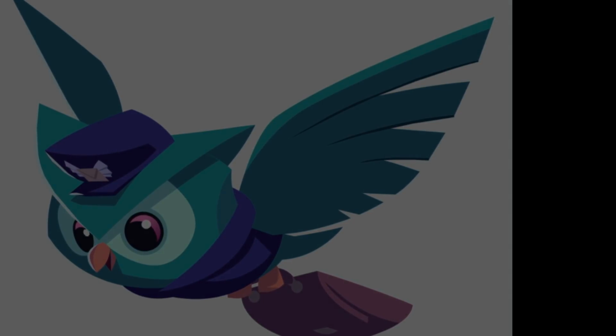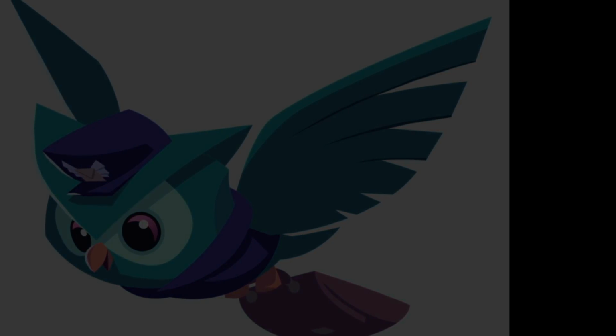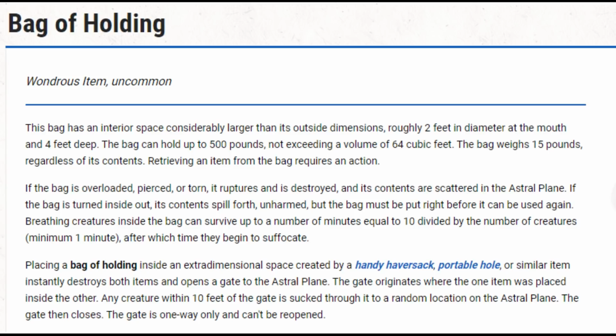But the main problem is actually whether bags of holding can be combined in the first place to create this portal. So here's what we know about a bag of holding. We know it's 15 pounds. We know the opening is 2 feet wide. We know the bag is 4 feet deep. And that placing a bag of holding inside an extra-dimensional space created by a handy haversack, portable hole, or similar item instantly destroys both items and opens a gate to the astral plane.